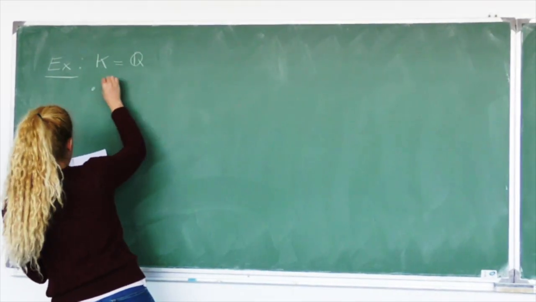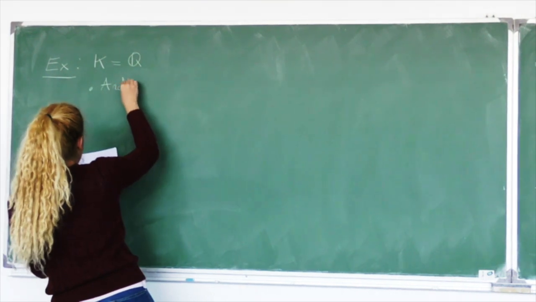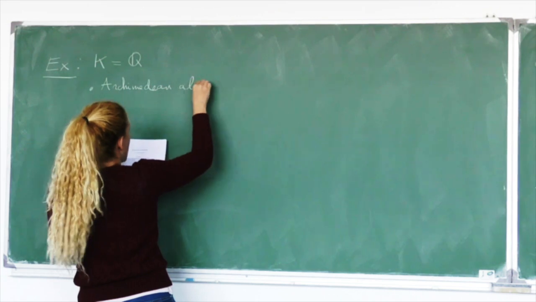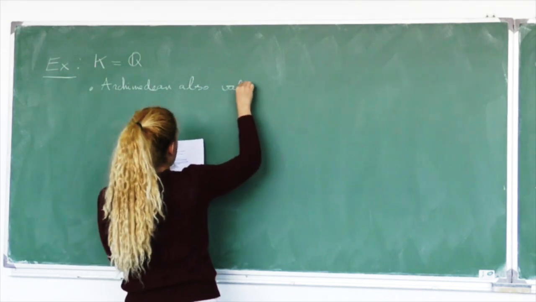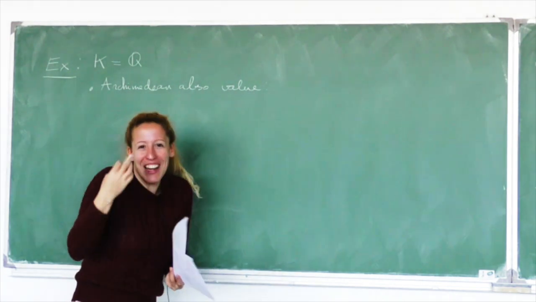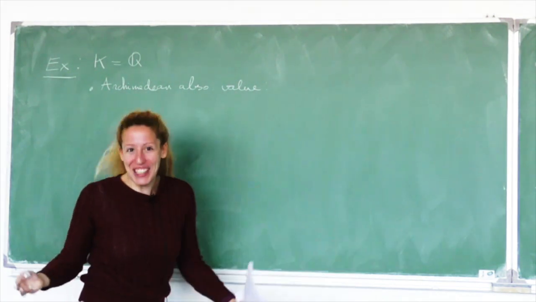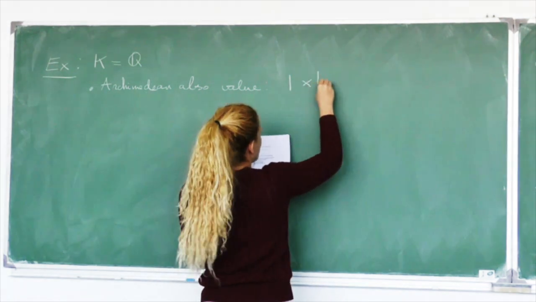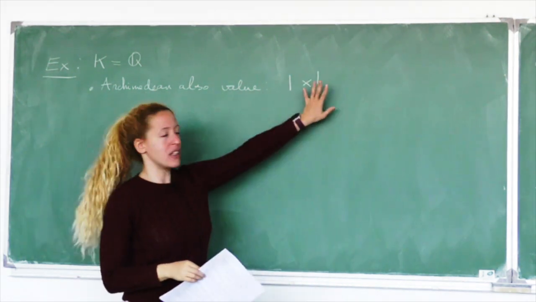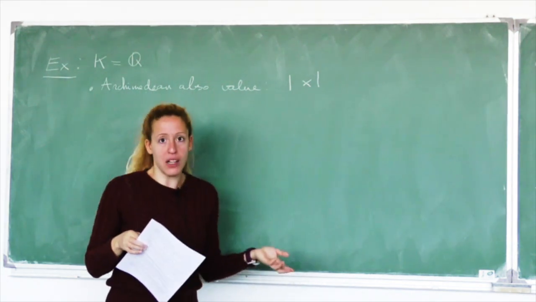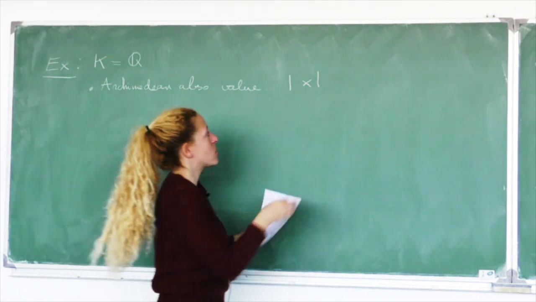Then we have an example of an Archimedean absolute value, right? That is the one that you have in mind, the one that I guess you were thinking about. And we denote it, even if for you, you will denote it like this, because we are going to play with so many absolute values, so somehow we have to make a distinction.